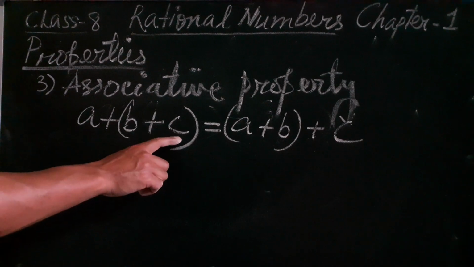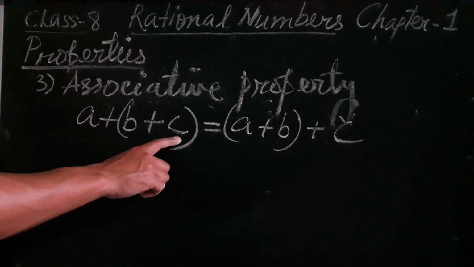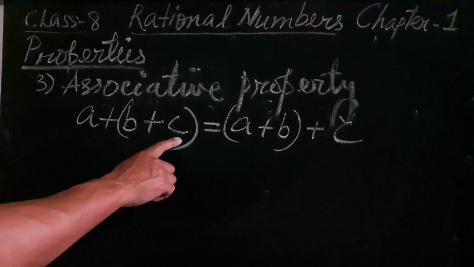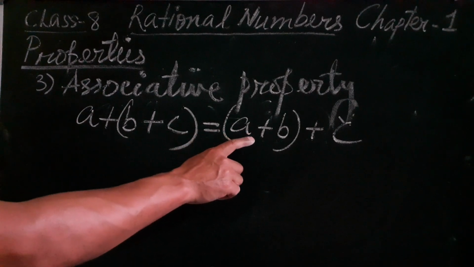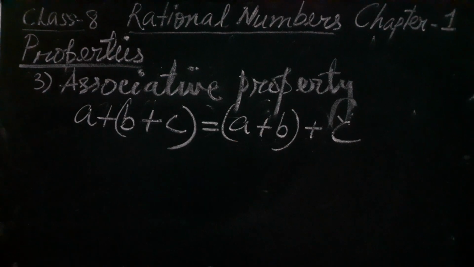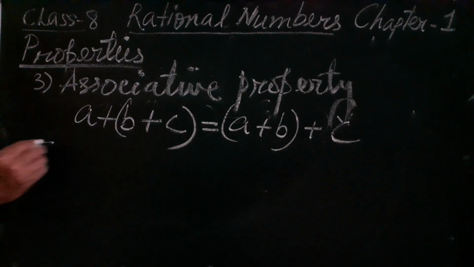Here B and C, this group, we are changing the grouping of rational numbers. We group the next one, we group B and C. Let us see using an example.